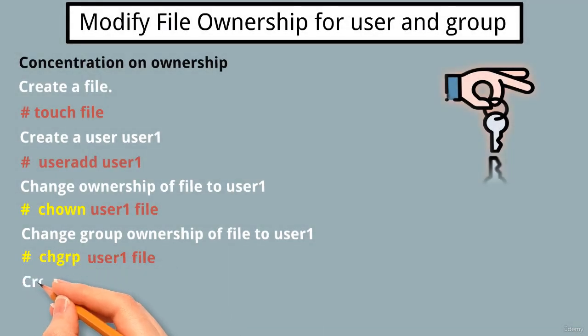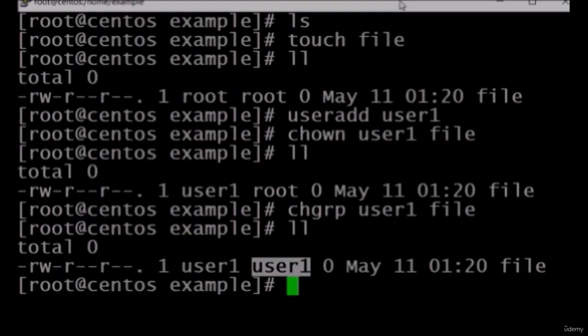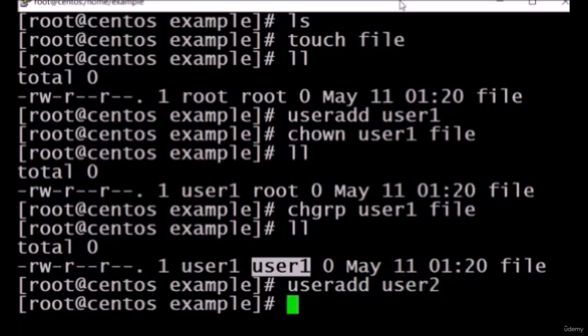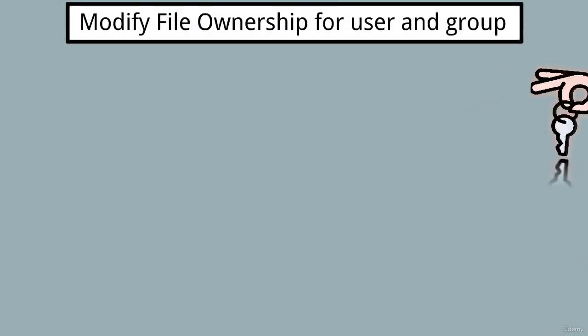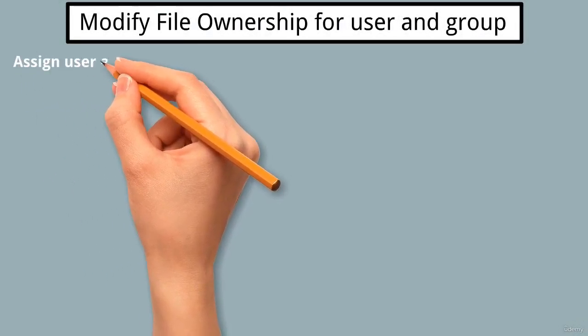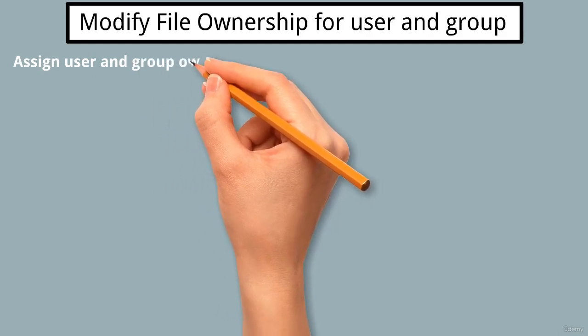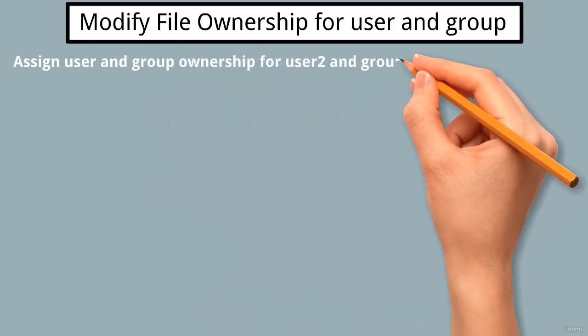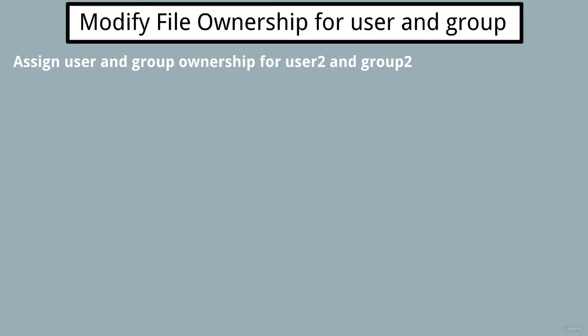Let's create a user called user2. Again, to create a user, we'll do the useradd command and the name of the user. So useradd user2. Hit enter. User has been created. At this time, we're going to assign both ownership and owning group permissions or memberships to user2.